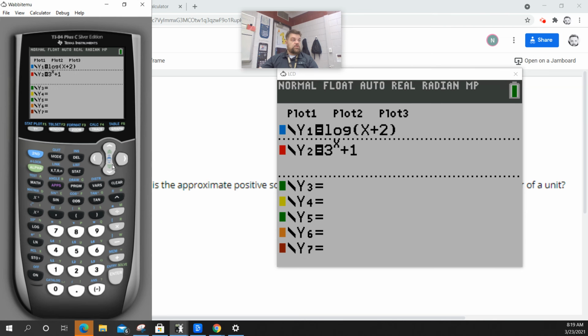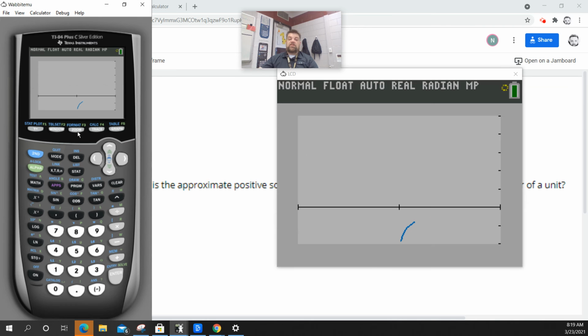And then I'm going to go to the second equation. I'm going to change this to 4. And I think it's minus 1, right? Minus 1. And I'm going to sneak a peek at the graph.